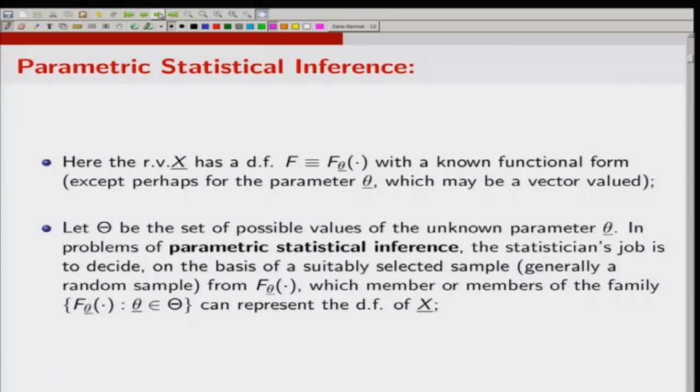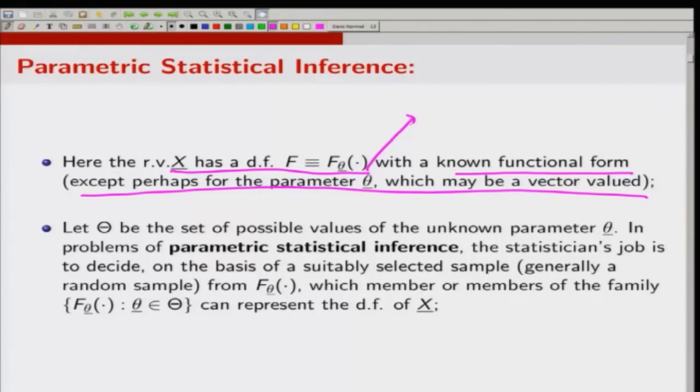So, first let us consider the parametric statistical inference problems. Here the random variable has a distribution function f which is indexed by an unknown parameter theta. In this case, the functional form of f theta is known. The only thing which is unknown is this parameter theta. So, except for the unknown parameter theta, I know everything about the distribution of this population.